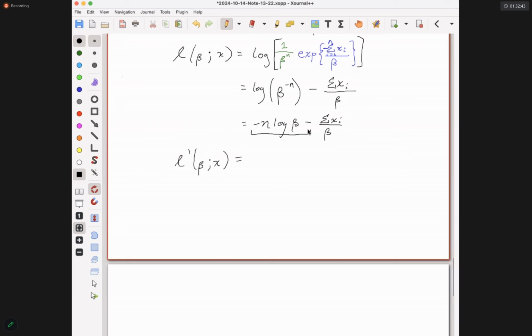So what do we have for this first term, the derivative of that with respect to beta? What's the derivative of n log beta with respect to beta?